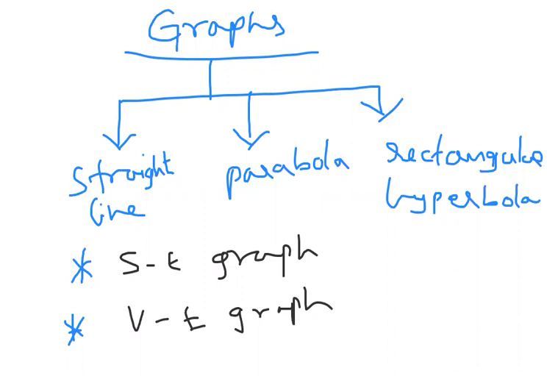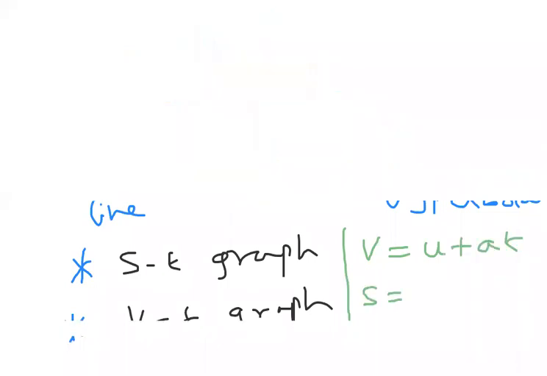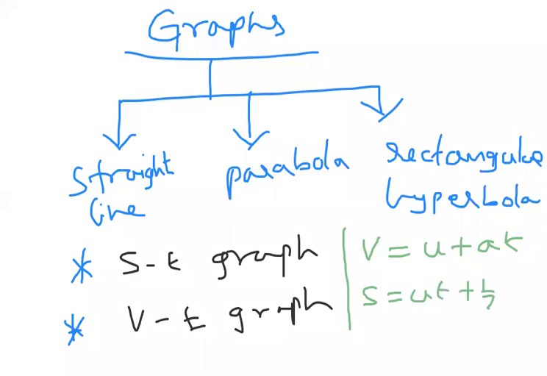For this purpose, you have to remember two of the equations of motion. One equation is v = u + at, and the other equation is s = ut + 1/2 at².